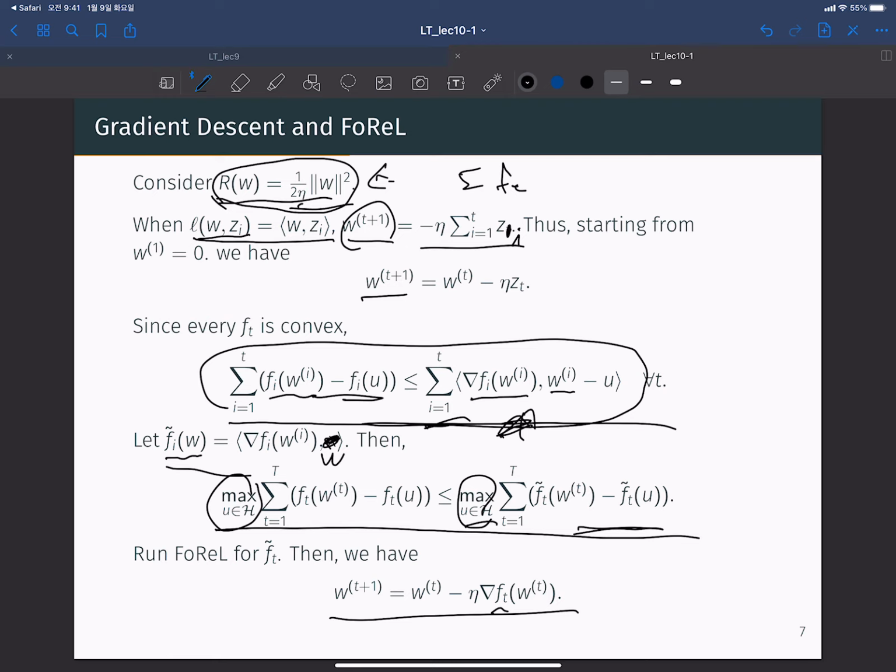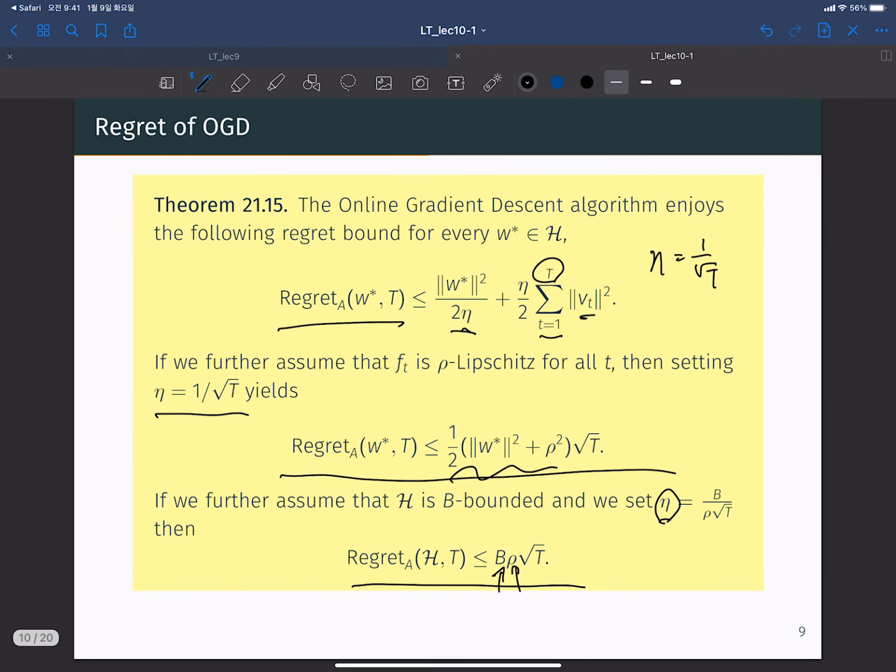And this online gradient descent rule guarantees square root of T regret growth with respect to time T. Okay, so it looks like our additional L2 norm square regularization term is very nice. So how do we show this?